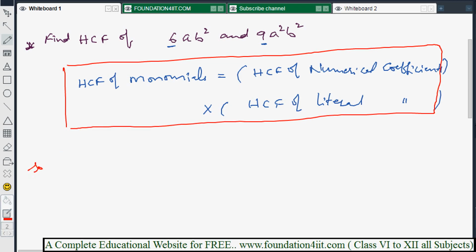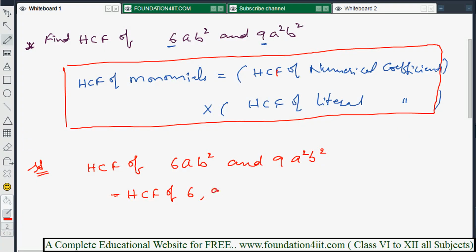Now when you come to the solution, the HCF of 6ab square and 9a square b square is, according to the concept, the HCF of the numerical coefficients, that is the HCF of 6 and 9, into the HCF of the literal coefficients, that is ab square and a square b square.